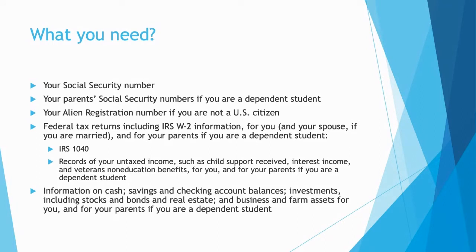You'll also need to gather untaxed income information if you receive child support, any veteran benefits that you might receive. And then again, if your parents receive any of that, you will also need it for your parents if you're a dependent student. If you make enough money, they'll also be asking questions about cash, checking and savings accounts information.